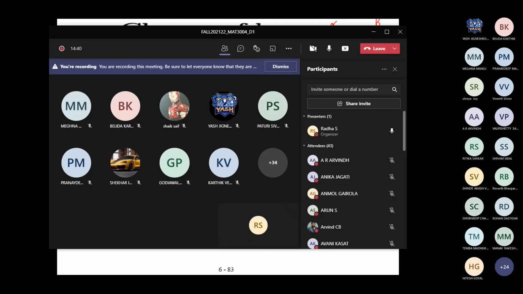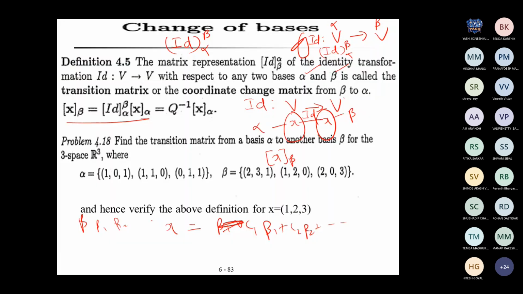If you collect all such C1, C2, etc. and form a vector, that is called the coordinate vector. You are writing an arbitrary vector as a linear combination of the vectors in the basis, here the beta basis. The constants involved, if you collect them as a vector, give the coordinate vector. So do you remember now?